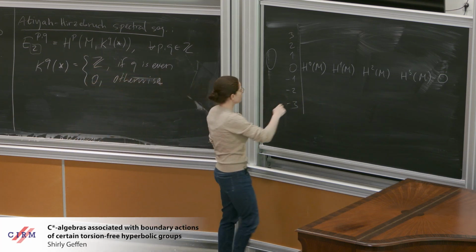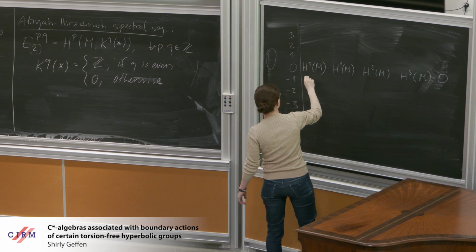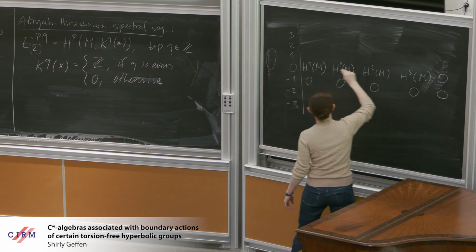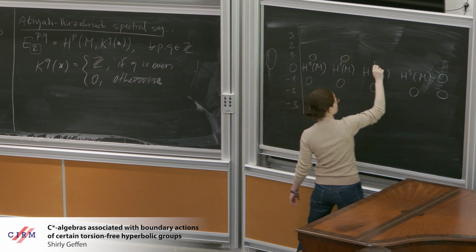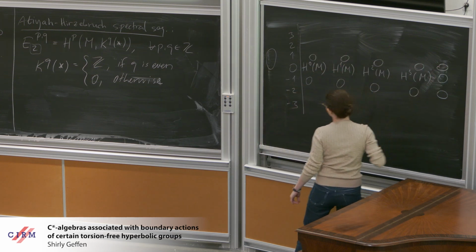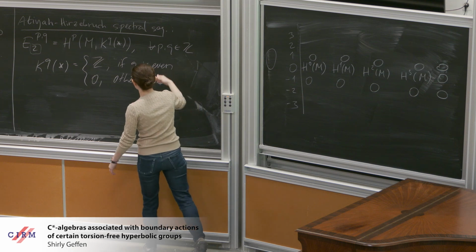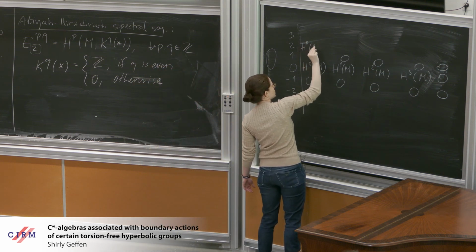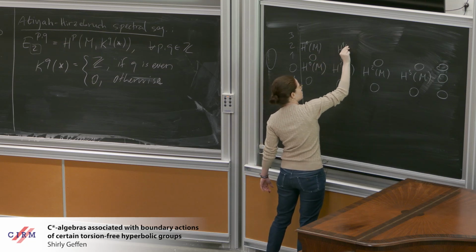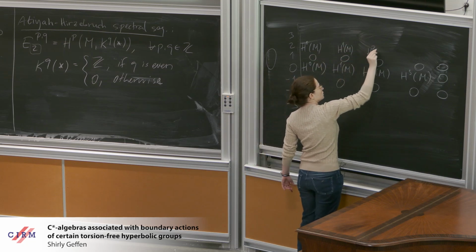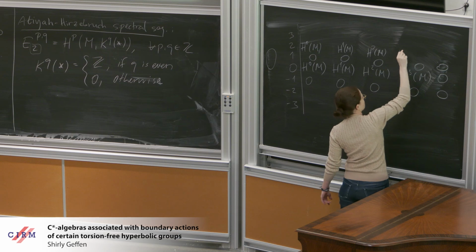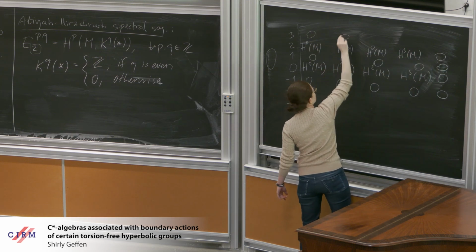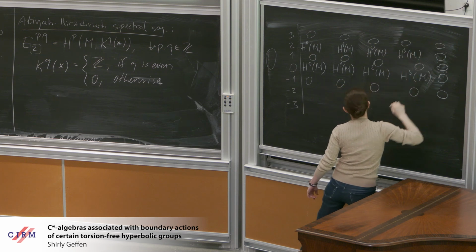And now for Q odd, as we said, this is just a 0 because the coefficients disappear. And for Q being 2, it's even, so it's repetitively just the cohomology groups of the manifolds. And once more.